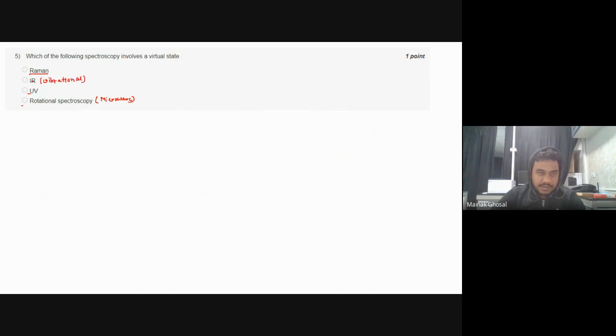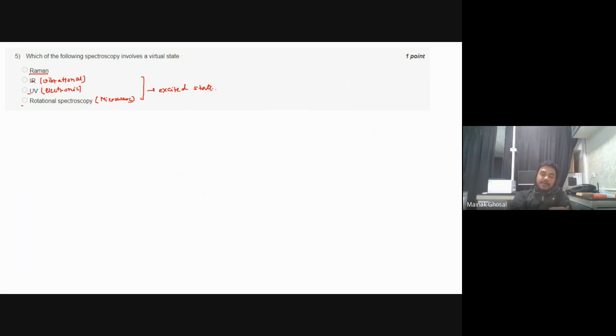And UV and visible, this is related to electronic. So in all these cases, you need some excited state. For IR, UV, and rotational spectroscopy, there will always be the presence of an excited state and another ground state.